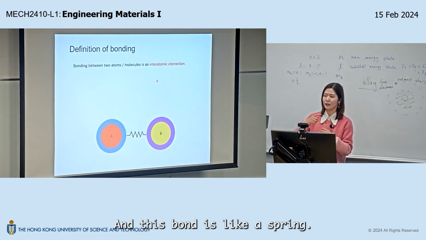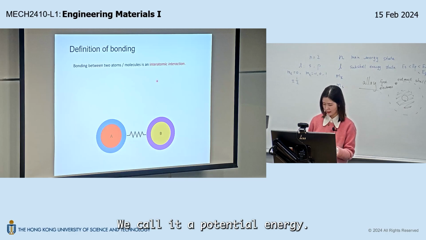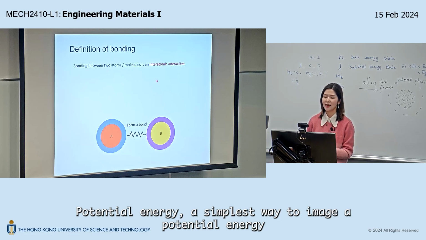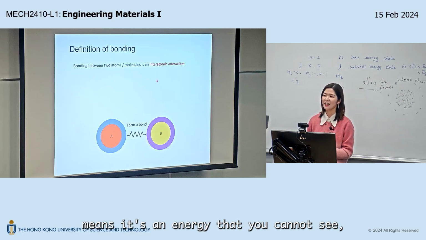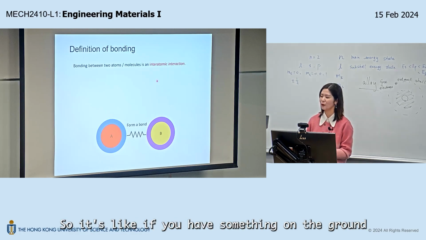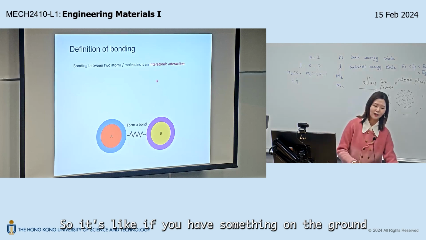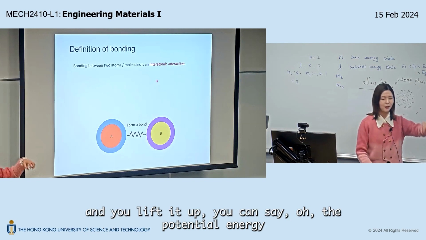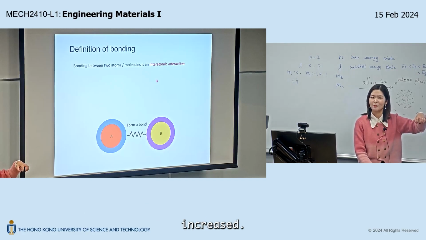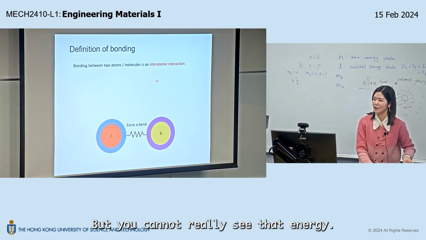This bond is like a spring. We call it a potential energy. Not sure if you remember what potential energy is. The simplest way to imagine it is as an energy that you cannot see, but there's a potential there. If you lift something up from the ground, you can say the potential energy increases, but you cannot really see that energy.